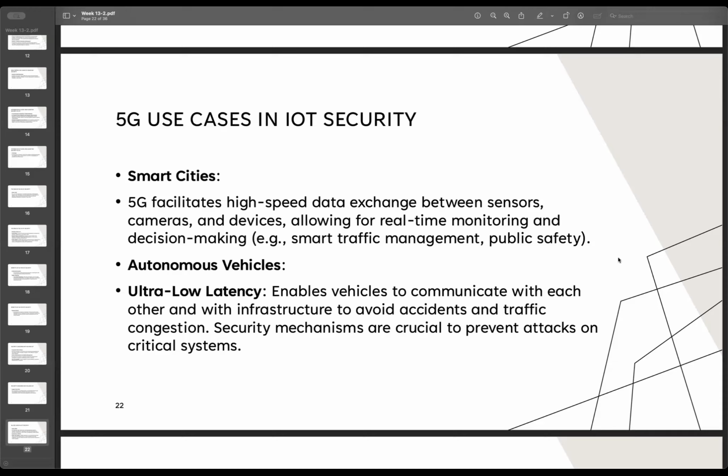We can give it ultra low latency, so we can enable vehicles to communicate with each other and with the infrastructure to avoid accidents and traffic congestion. Right now they are still using sensors and radar to detect what's nearby. But if you use 5G, they can give their location using GPS and share data with each other, so we can calculate how far away they are and the speed.